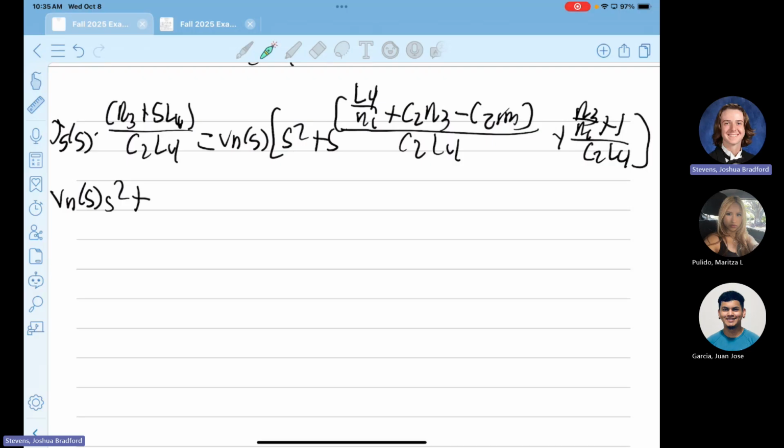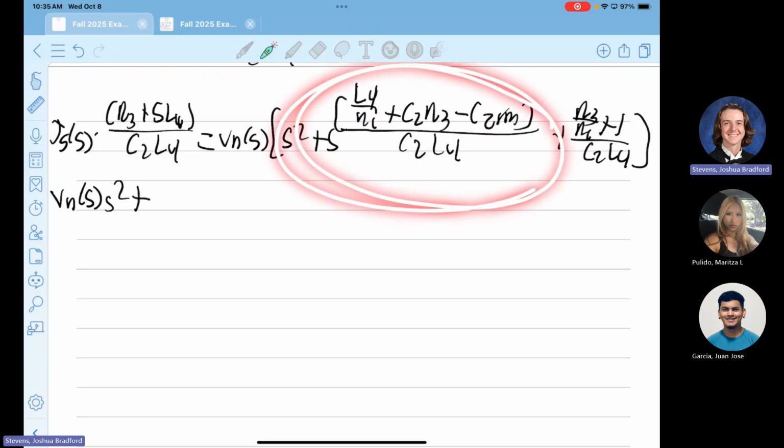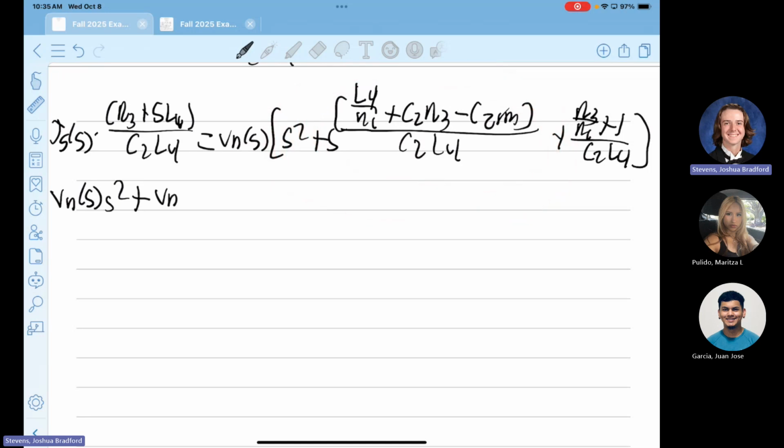When I put this whole term in my calculator, this is what I got. I'll do the Vn of S times S, and that value, when put in the calculator with all the numerical values, becomes 2.5 times 10 to the 6th. That's it. Plus Vn of S is the next term.